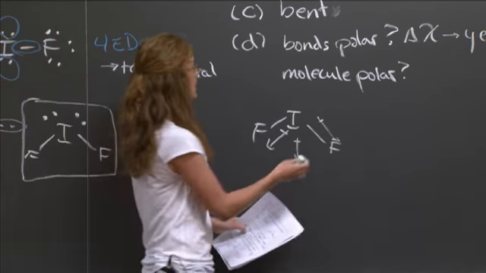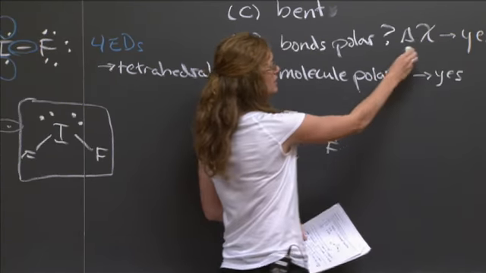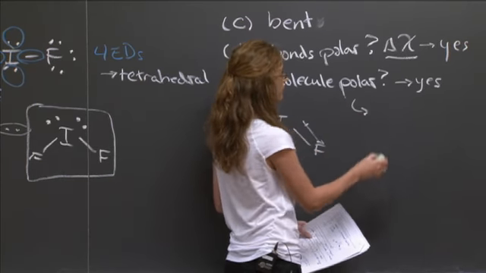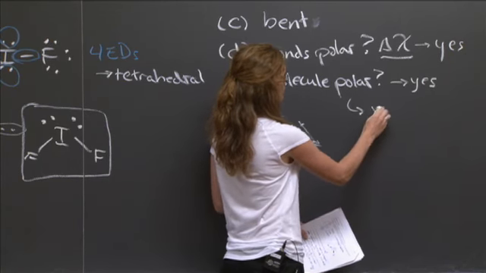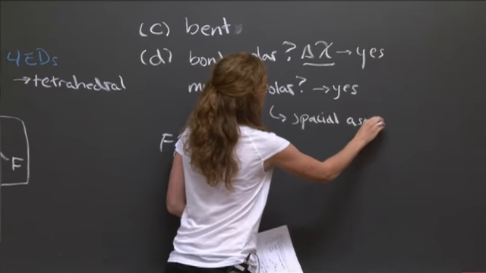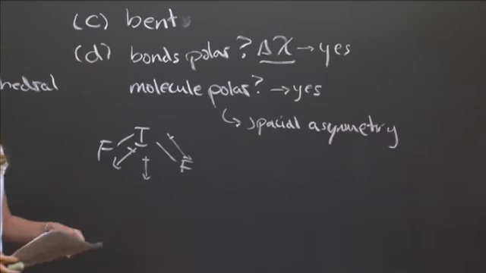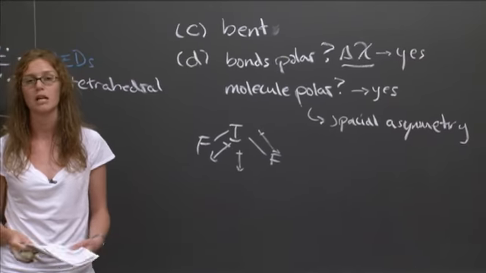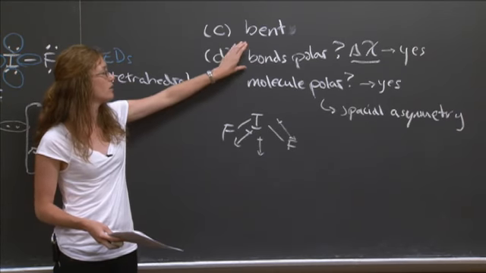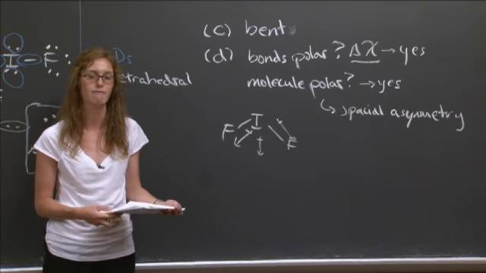So the answer to this is yes, because of the difference in the electronegativity and because of the spatial asymmetry. If you said both those things, you would get full credit. If you said one or the other, you'd probably get part credit. But knowing to look at these 2 things shows that you fully understand what it means to have molecular polarity.